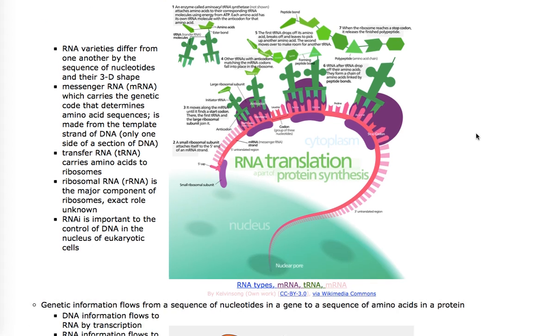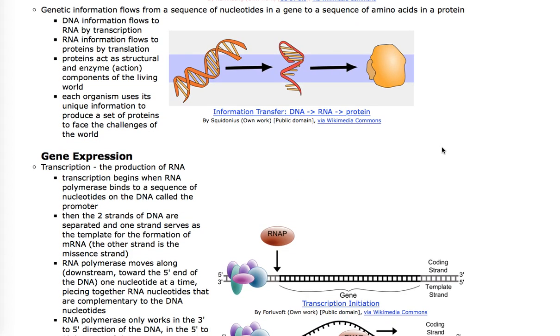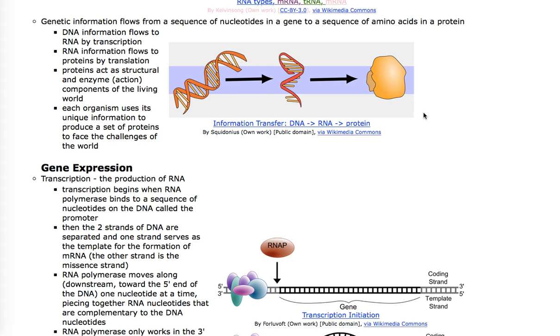production of proteins. The general flow of information in biology is that DNA information flows to RNA first, and the RNA then information flows into an amino acid sequence in a protein. So this is DNA. DNA information is coded into RNA lettered information, A's, G's, C's, and U's.